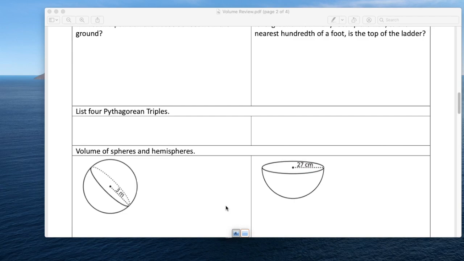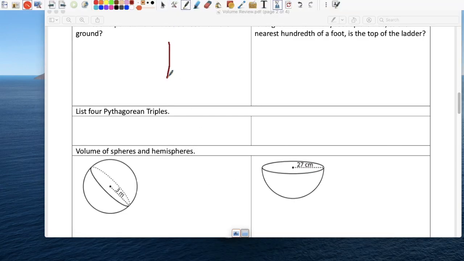So the popular ones are the ones that are easy to memorize. One of them is obviously 3, 4, 5. So it's nice because sometimes you have a problem and they say, hey, this measures 3, this measures 4. Use the Pythagorean theorem and find the hypotenuse. Well, you know it's 5 because that's one of the triples. So 3, 4, and 5 is one.